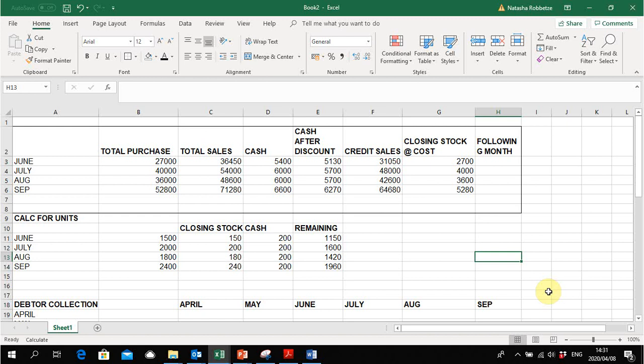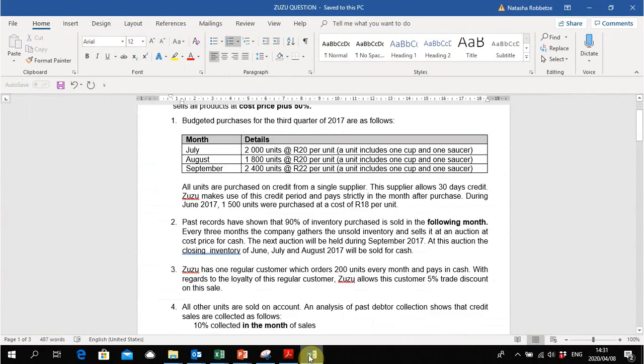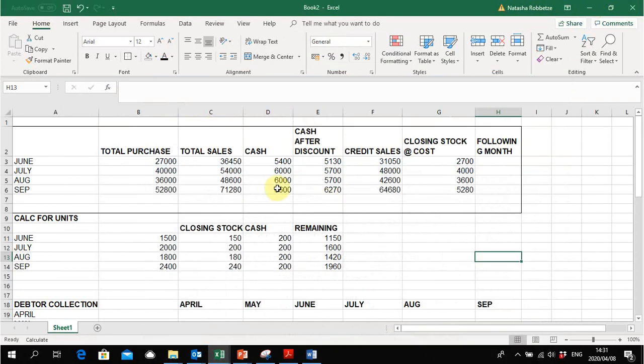Then something that is important to remember is that we refer to note number 2, and here we are told that 90% of the inventory is sold in the following month. So in effect, in terms of our sales, we need to take into account that this will be for the following month.